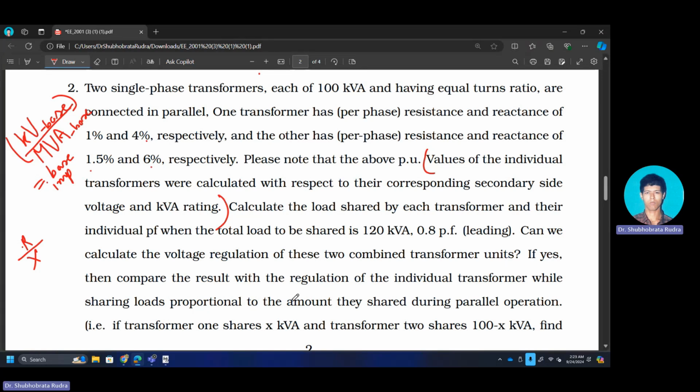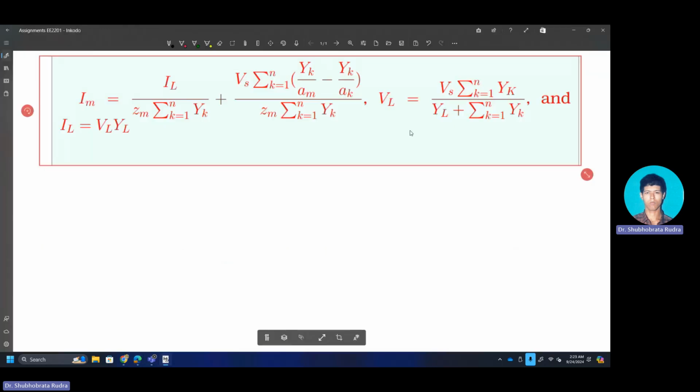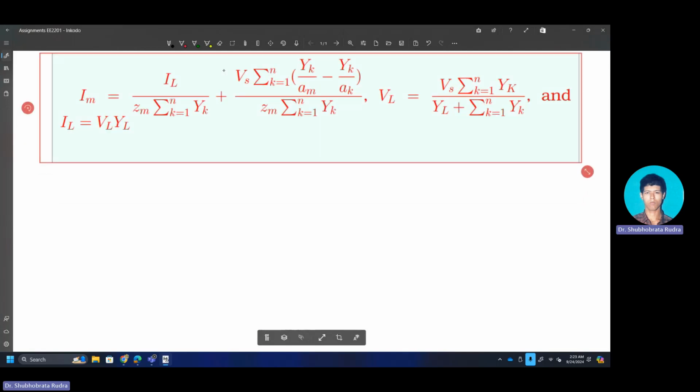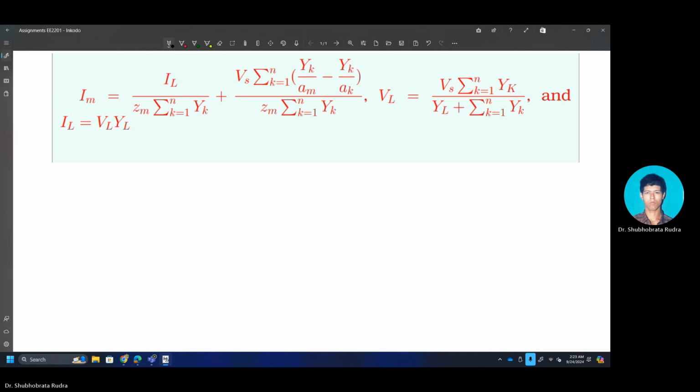Calculate the load shared, 120 kVA 0.8 PF leading. Now coming to here. Please try to understand that since both the transformers are having equal turns ratio, this part becomes completely irrelevant. Let us discard this. So what we have are these three equations.